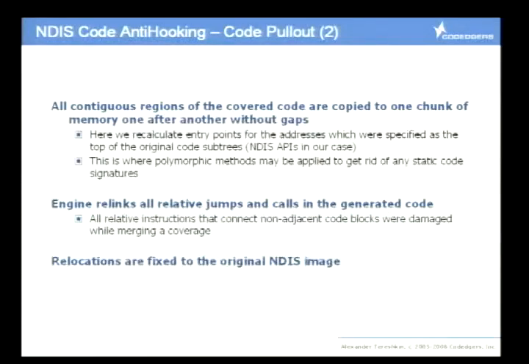The final step of the code pullout technique is to rebuild all generated code to make it possible to run. We have to recalculate entry points for the addresses which were specified as the top of original code subtrees, because the addresses have changed since we are going to move our regions of covered code.